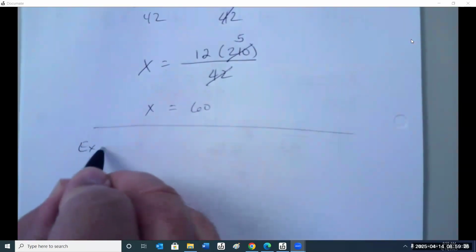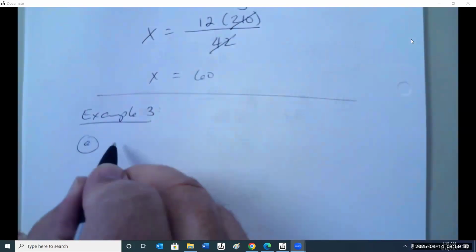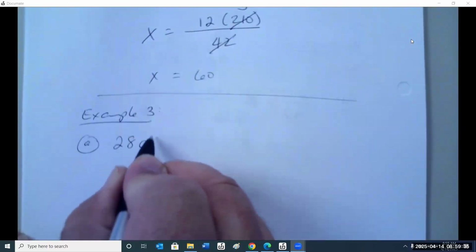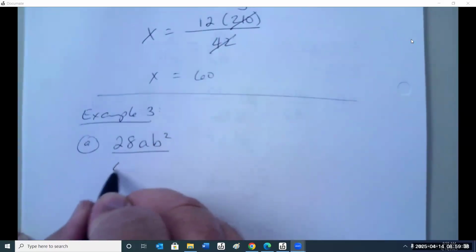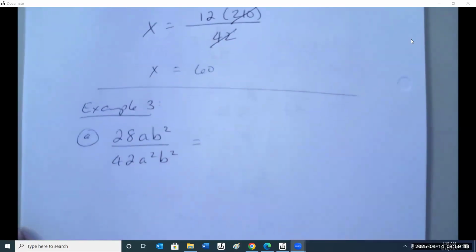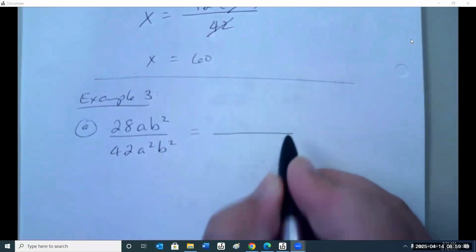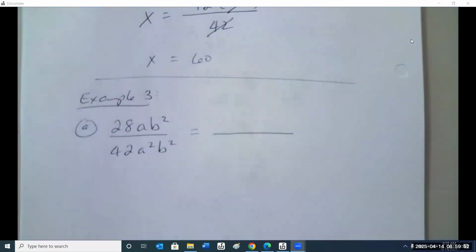So here's an example: 28AB squared over 42A squared B squared. First thing you have to do is look at what they have in common. Well, first look at the numbers.